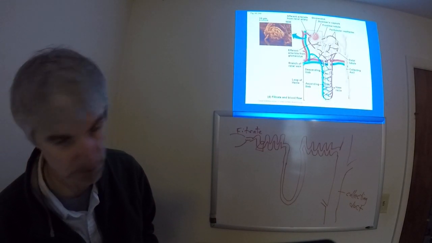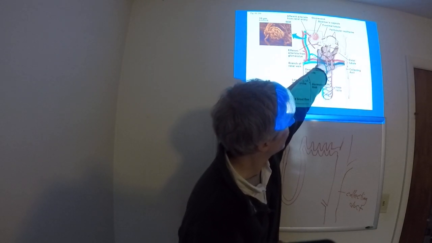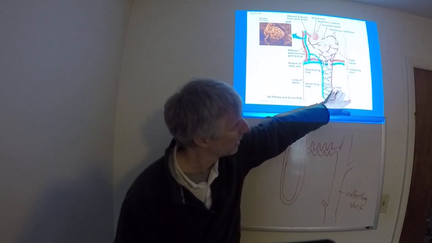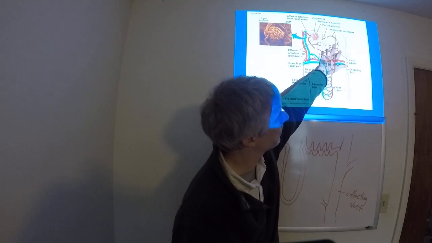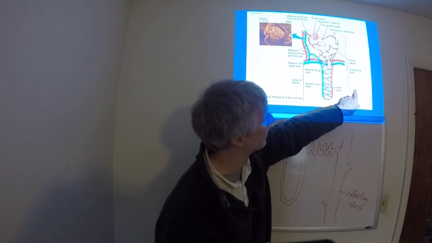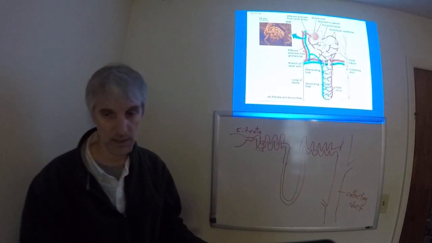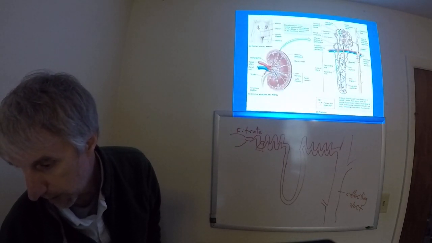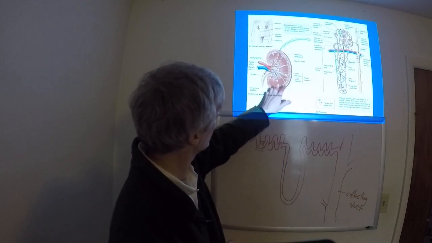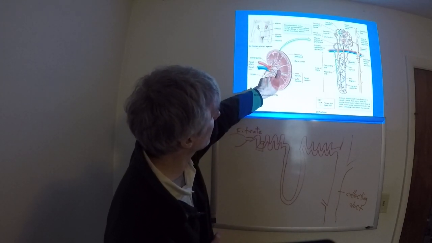Then, as we move through the distal tubule into the collecting duct, the ducts from the distal tubules from other nephrons are arriving at the same collecting duct, and then multiple collecting ducts would be coming together here. There's a collecting duct, the collecting duct, the collecting duct.